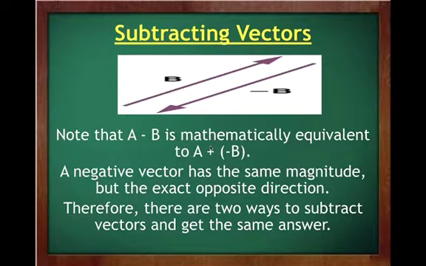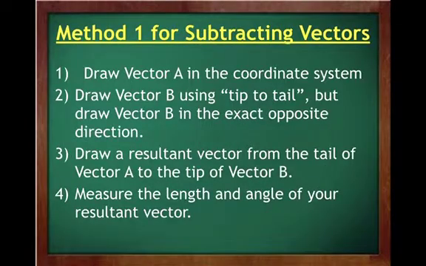I am going to go over the two different ways you can set up subtracting vectors. You can pick the one that makes the most sense or works for you, but you should understand how both of them work and how they both give you the same answer. Method one is the same method we've been using with adding vectors, that tip to tail idea.